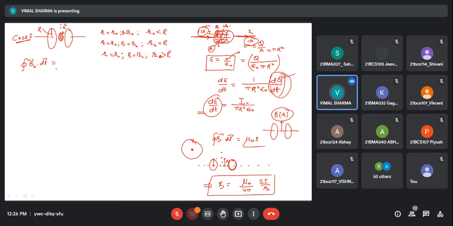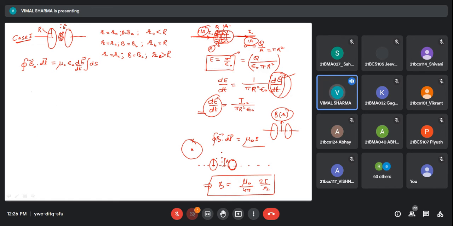This is equal to mu naught times, there is no conduction current here, but I have displacement current, so I can write epsilon naught times d by dt of the electric flux. This is displacement current.